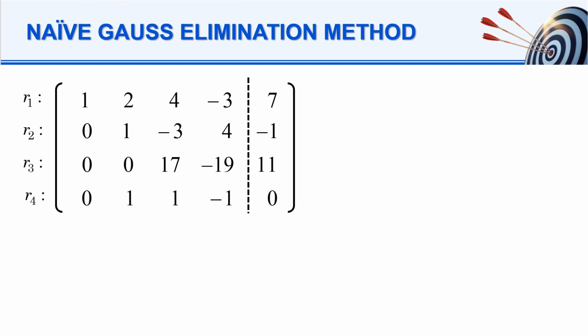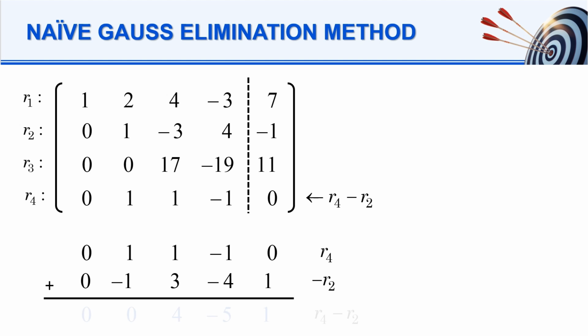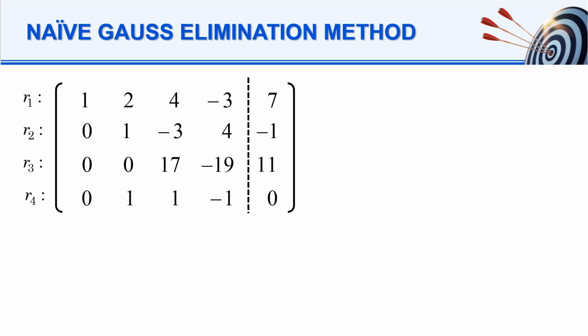To eliminate 1 in the fourth row, we add -1 times row 2 to row 4. We replace row 4 with the resulting new row. This operation also marks the end of the second pass.